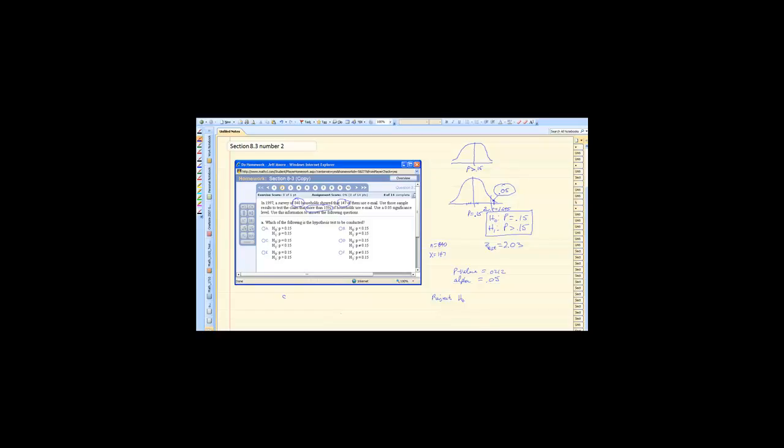I'm going to write this out. Since z-test is greater than the z-critical value, we should reject the null hypothesis. And therefore we should conclude that the population proportion is greater than 0.15.